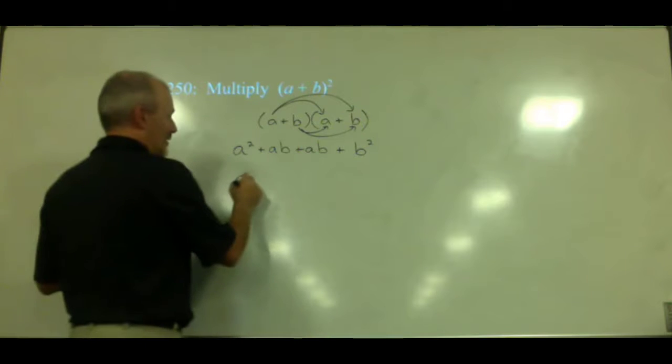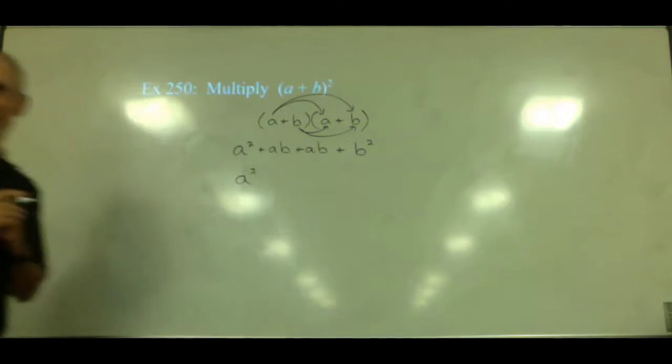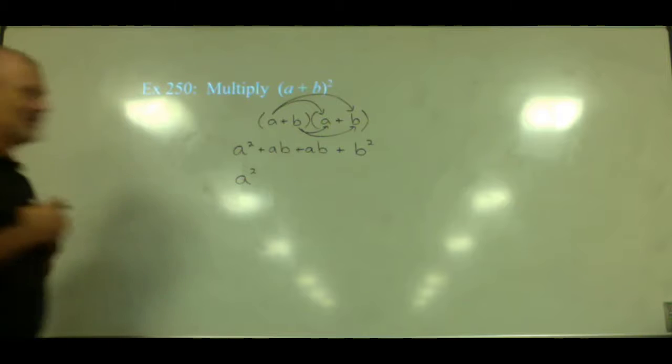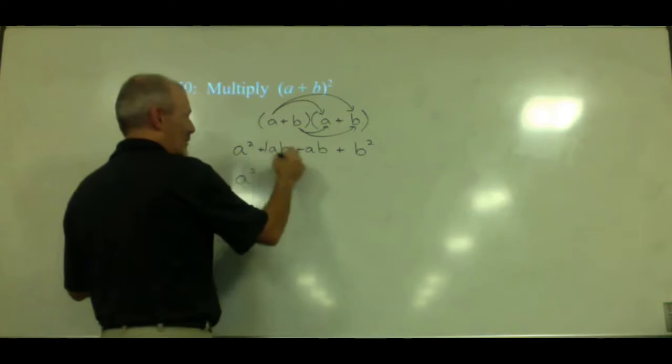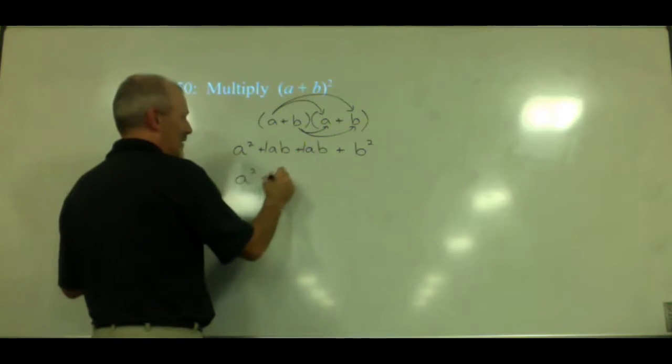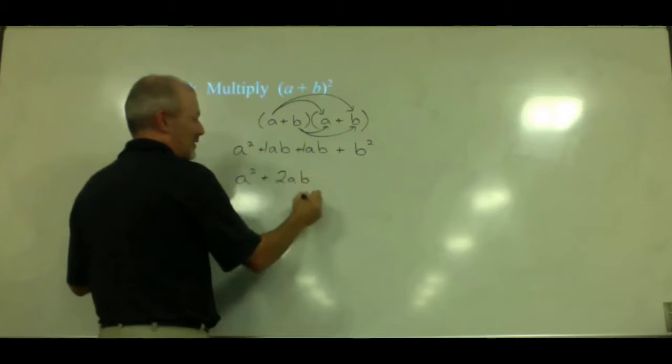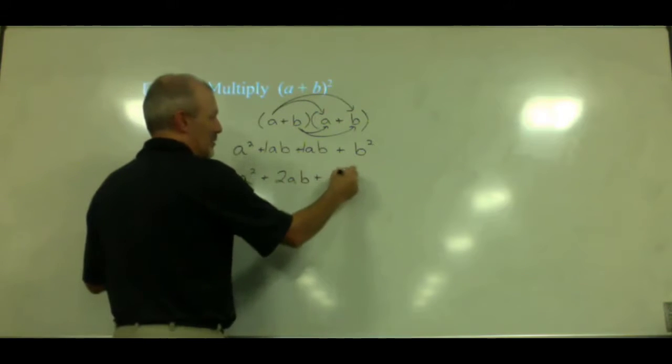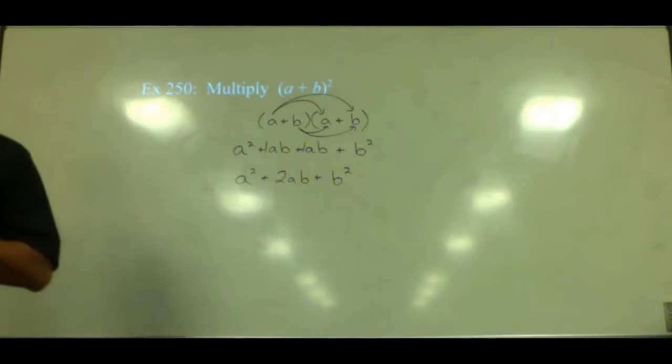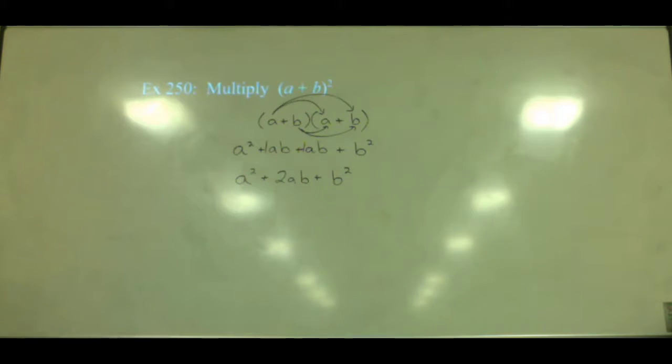Now what happens when we try to combine like terms? What do we get? 2ab, because this is 1ab and 1ab, so we get 2ab. And then plus b squared. They're not going to cancel out in the middle like they did when they were different signs.